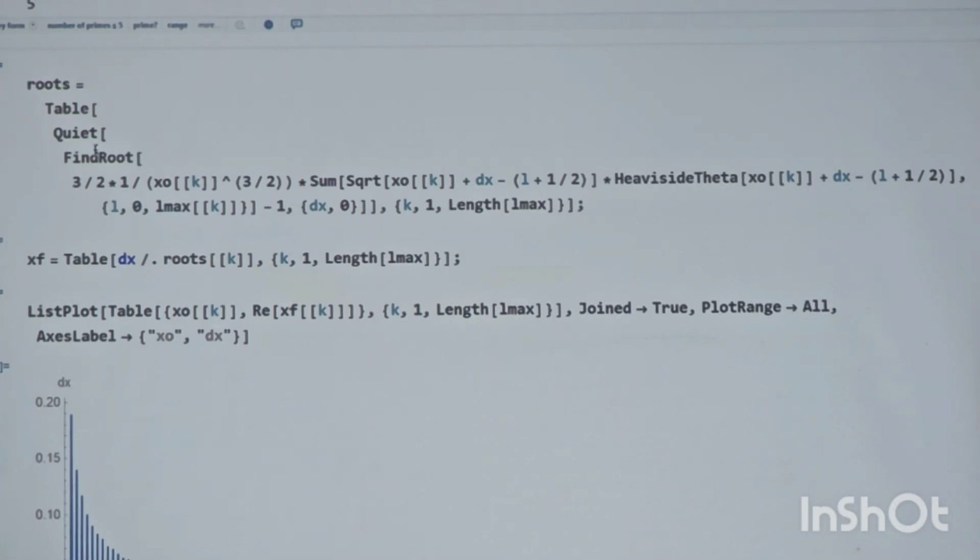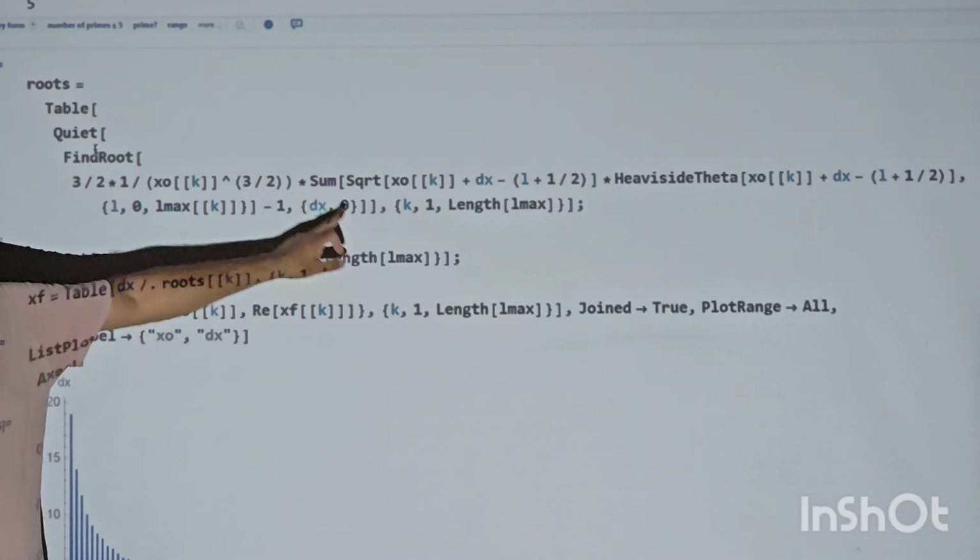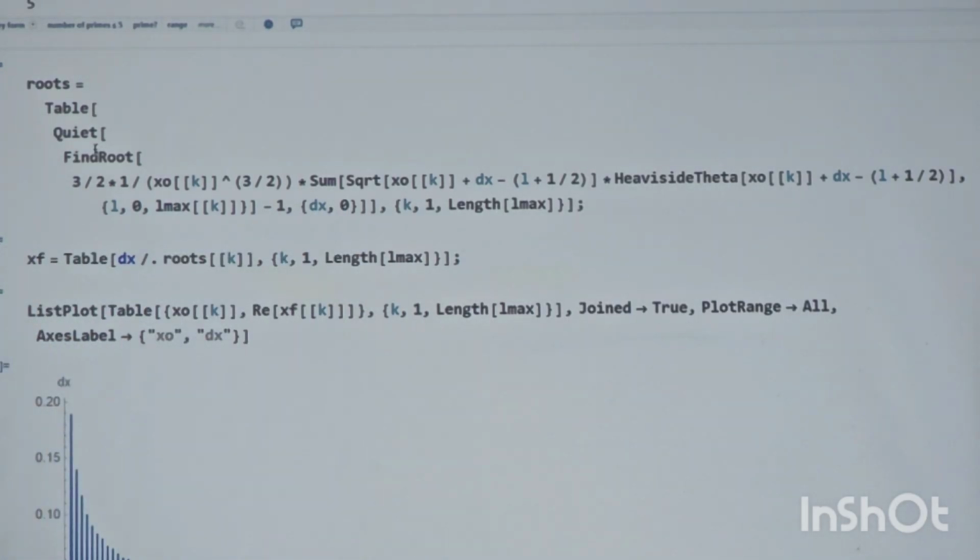Okay, so this dx is an initial guess. I think this algorithm uses the Newton-Raphson method. So I get my xf's. Okay, so first of all I find out the roots of the equation. I put that equal to xf.